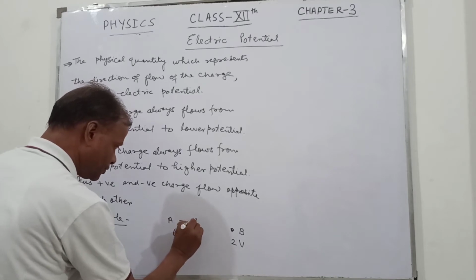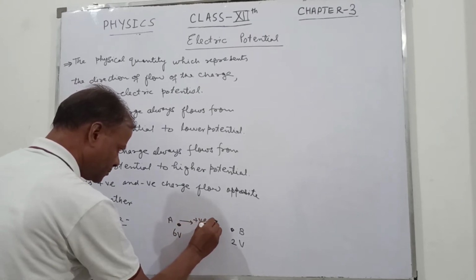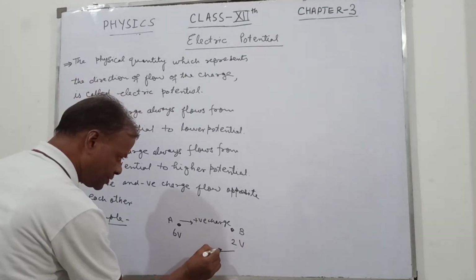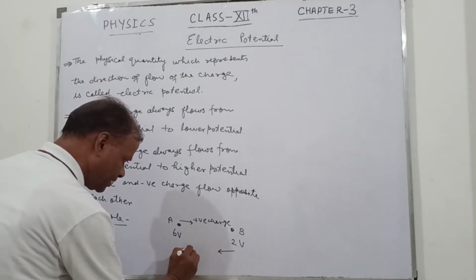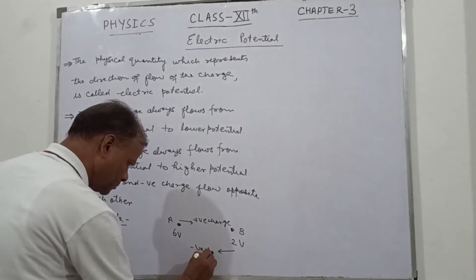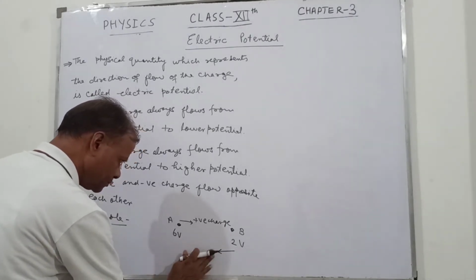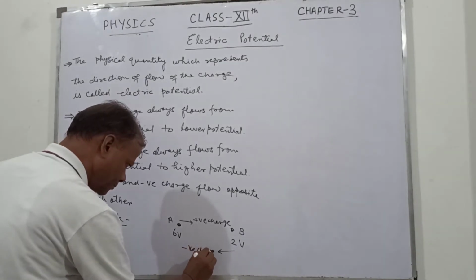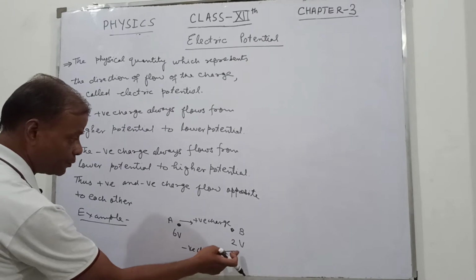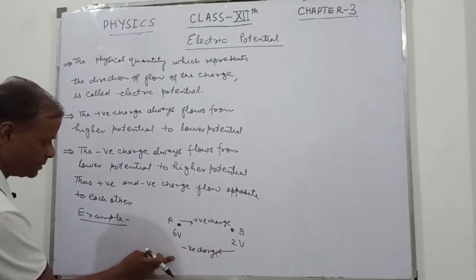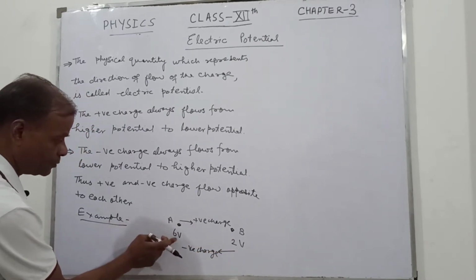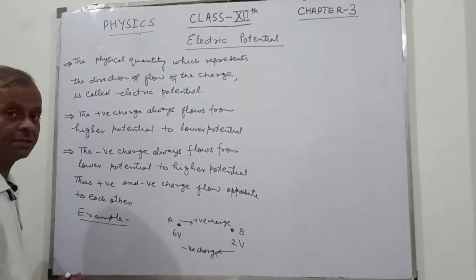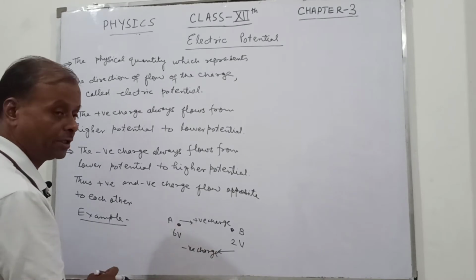This is the flow of positive charge, and opposite to this there will be the flow of negative charge. So negative charge flows from lower potential to higher potential, and positive charge flows from higher potential to lower potential. Here we have taken the potentials to be the given values.